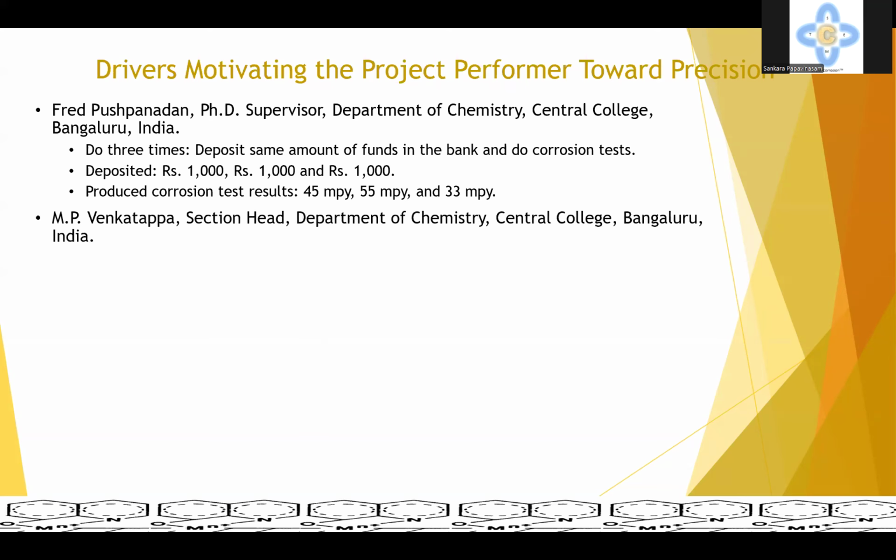The second character was Professor Venkatappa. He was a section head, one of the strictest professors I have ever met. A very nice person; in fact, he offered me to stay in his house for 4 years, but he was very, very strict.